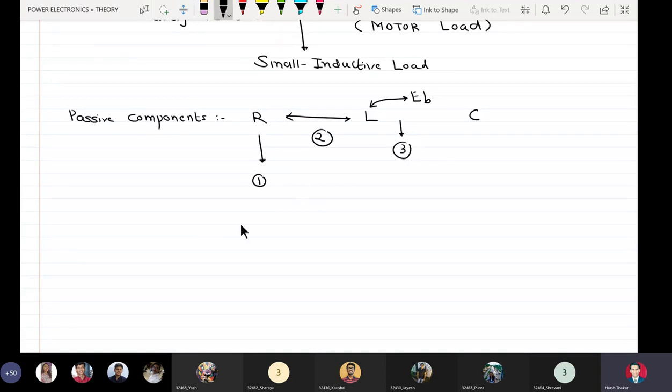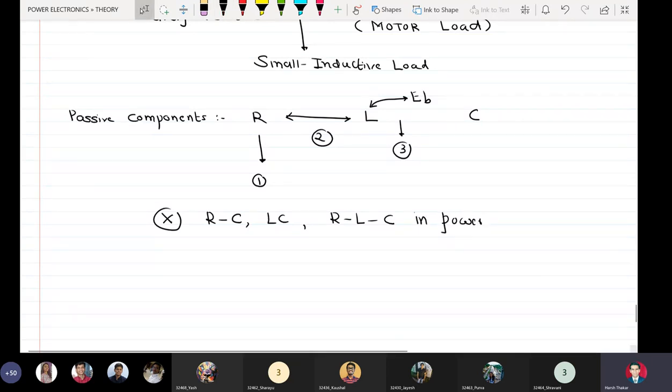But you do not have any combination like RC, LC, or RLC kinds of loads in power electronics. This is not possible.